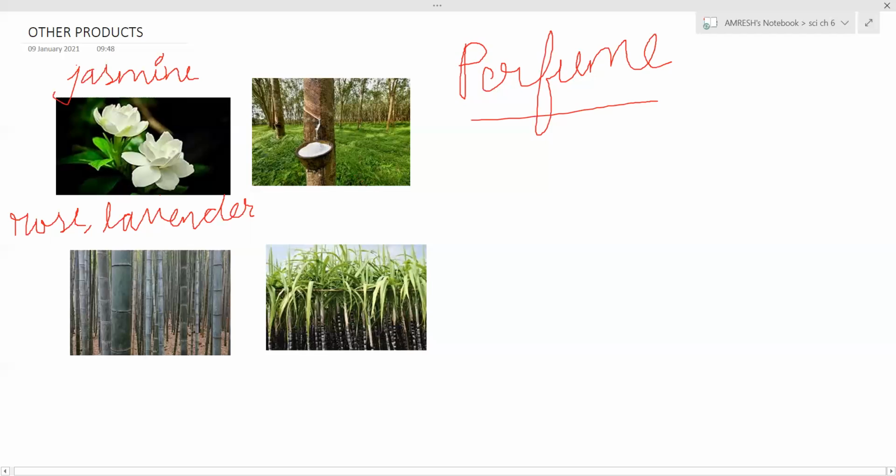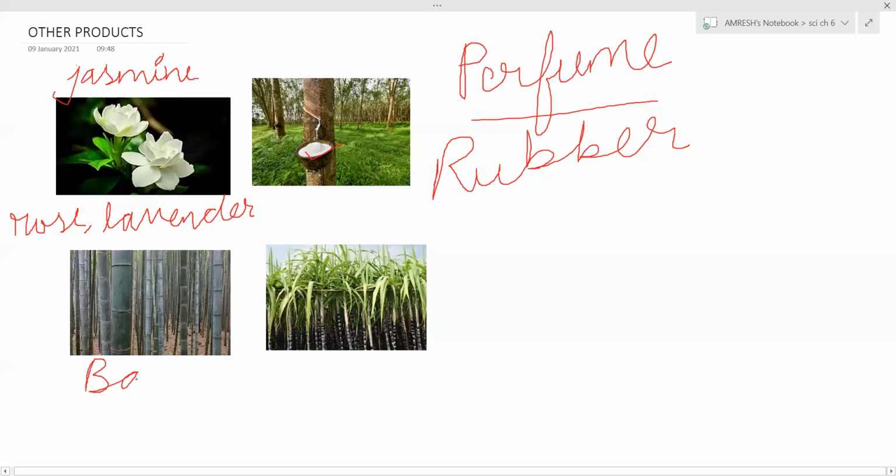Then your rubber. The rubber that we use, the eraser, we get from where? We get from the rubber plant. It is used in making tires also. This rubber is used in making tires and erasers. Then you see bamboo.